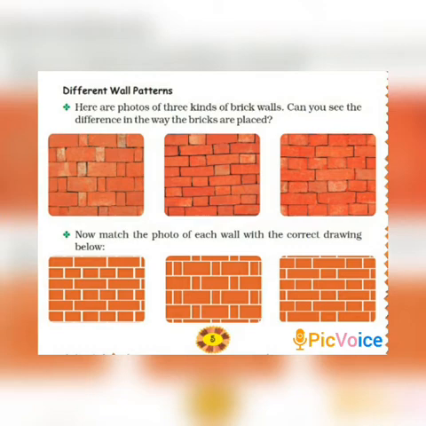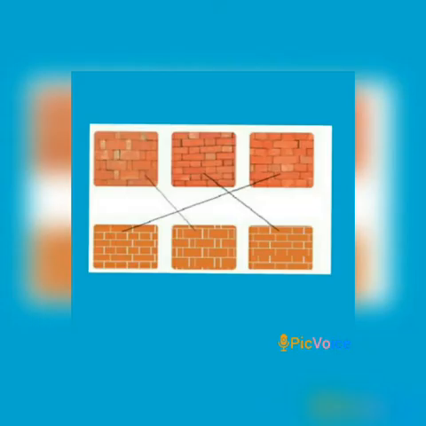Let's see which is the same pattern. That one you have to match. I have matched the photo of each wall with the correct drawing. You also do it like this.